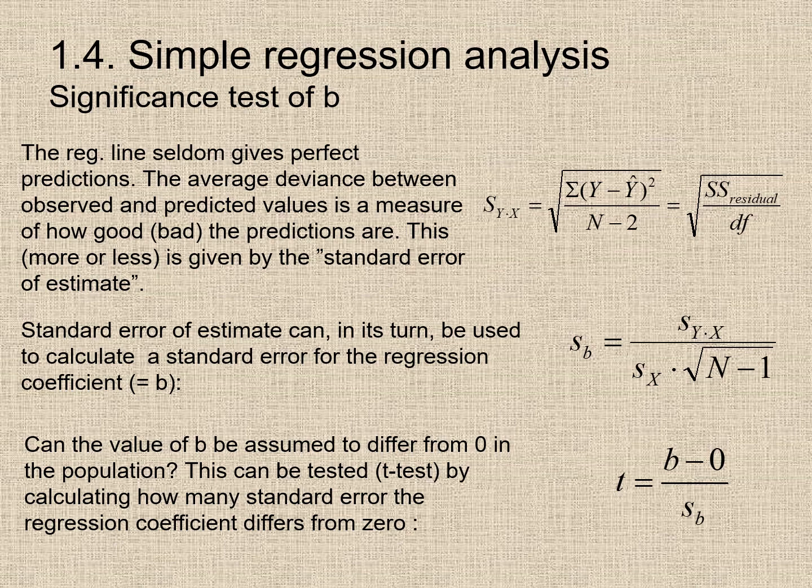And in order to do that, we calculate a few things. We calculate something called the standard error of estimate. And it's given by this formula. We take every value on the dependent variable minus predicted value, square that, divide by degrees of freedom, and take the square root of that.